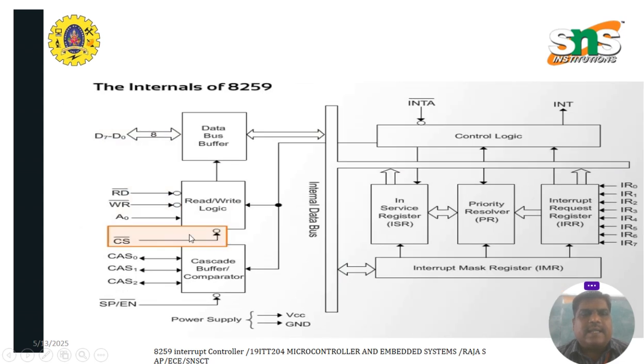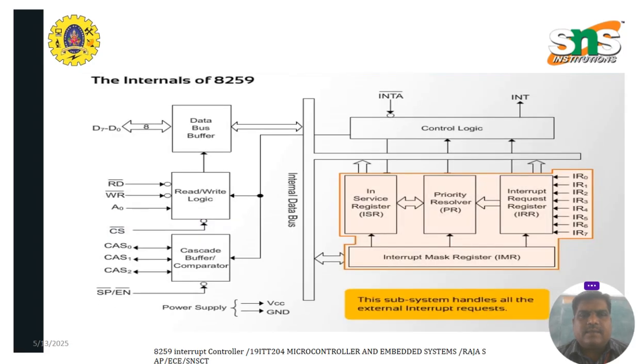Whenever this chip select is 0, only then are the 8259 and the 8086 connected. Whenever chip select is 1, there is no connection between the 8259 and the 8086. So this is the important subsystem that handles all the external interrupt requests from the 8259 and 8086.